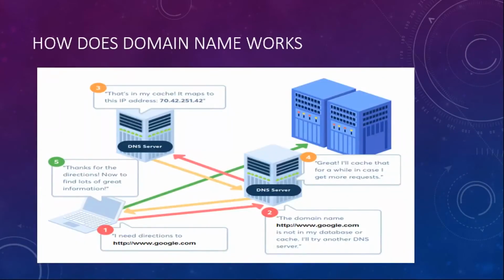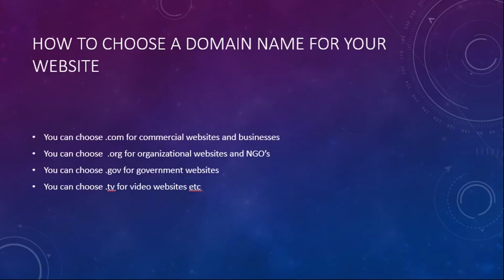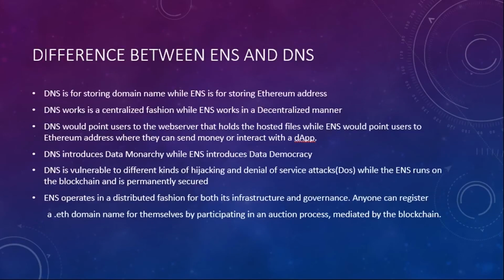I talked about the different levels of domain names, the top level domain and the secondary level domains, and why one works in a centralized fashion while the other works on the blockchain in a decentralized manner.